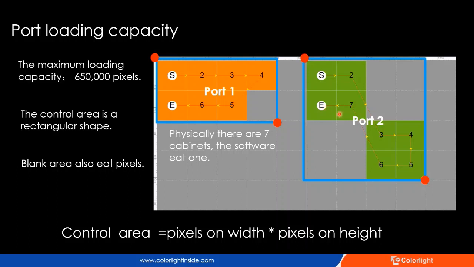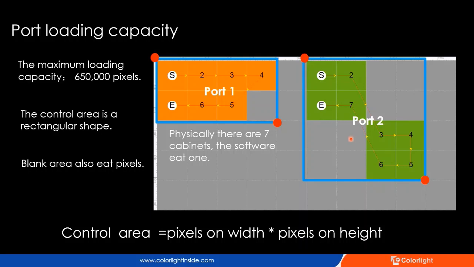In the same way, there's a cabinet in port 2. We can see that the software will also eat all the pixels in the blank area even though there's no cabinet in those parts. So the total loading capacity is 16 cabinets for this part.